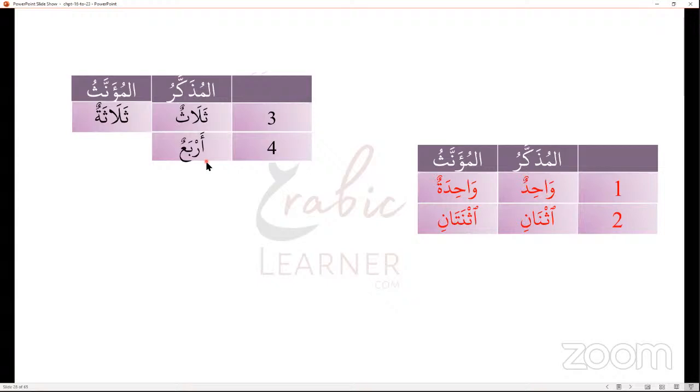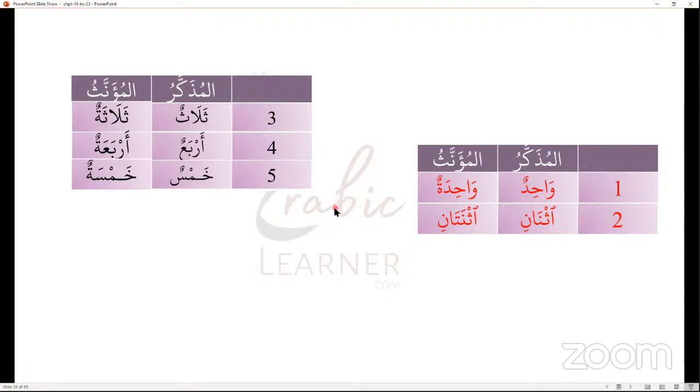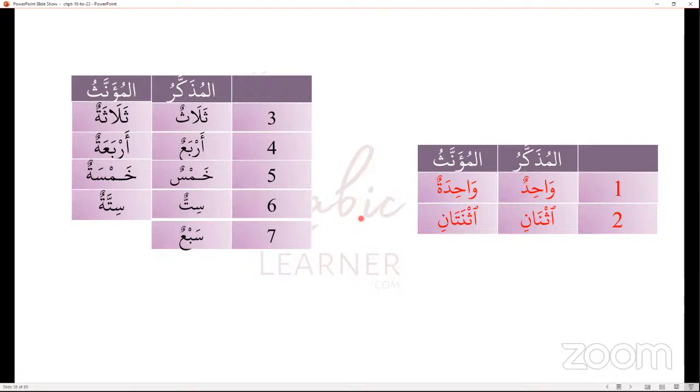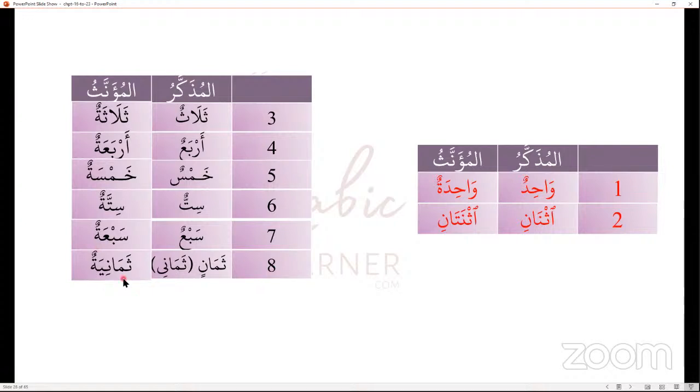Arba'un, arba'atun. Khamsun, khamsatun. Sittun, sittatun. Sab'un, sab'atun. Tis'un, thamanin or thamani. There are two words for 8, thamanin or thamani. Remember this, thamanin or thamani for muzakkar. Thamaniyatun, muannas. Tis'un, 9, tis'atun.